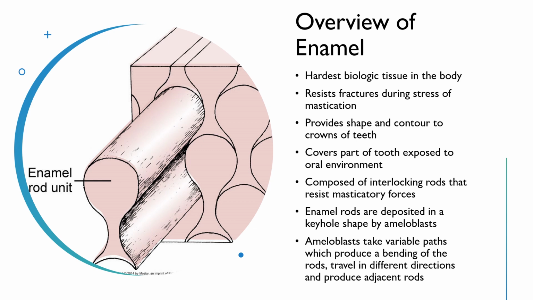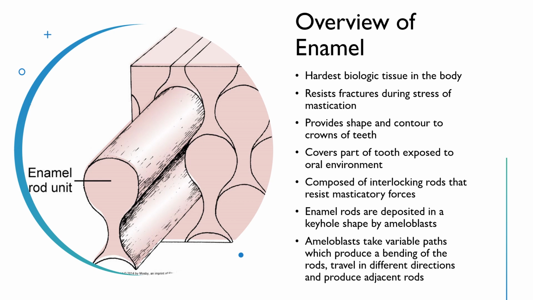It also provides the shape and the contour to the crowns of our teeth. So the way that the enamel rods form, they form in different directions to form the shape of all of our different teeth. Because remember, anterior teeth have a different shape than our premolars and our molars and so on.